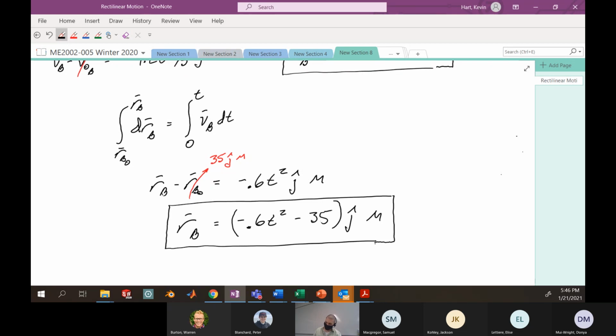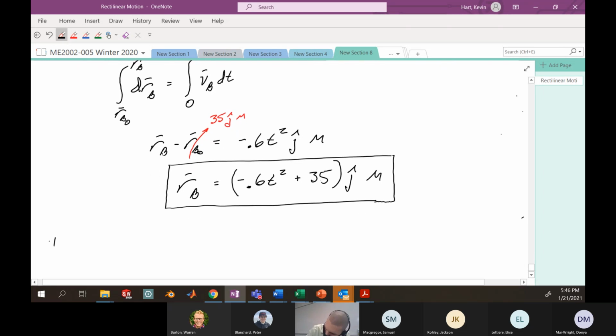Okay. The rest is just taking what we know in our fixed coordinate system and applying it to our relative equations for the coordinate system at A that's translating.